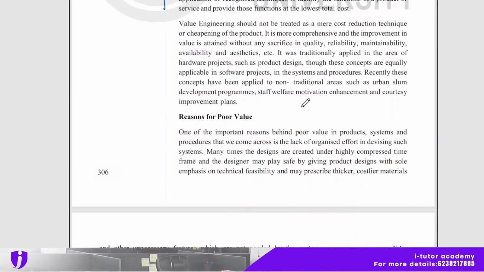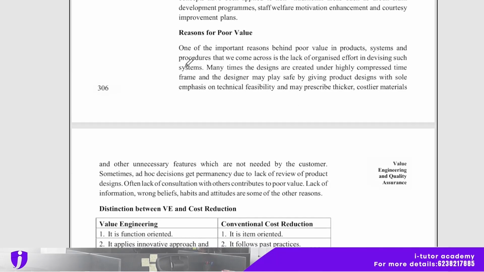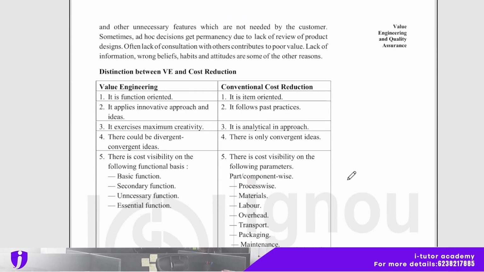And the reasons for poor value. One of the important reasons behind poor value in products, systems, and procedures that we come across is the lack of organized effort in devising such systems. Many times the designs are created under a highly compressed time frame, and the designer may play safe by giving a product design with the sole emphasis on technical feasibility and may prescribe thicker cost layers, materials, and other unnecessary features which are not needed by the customer.